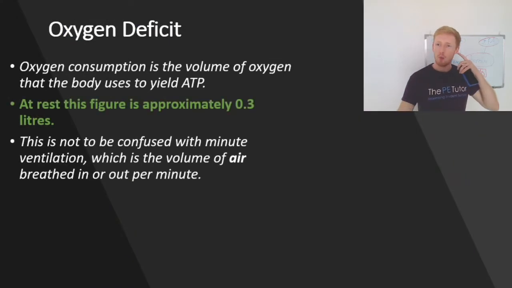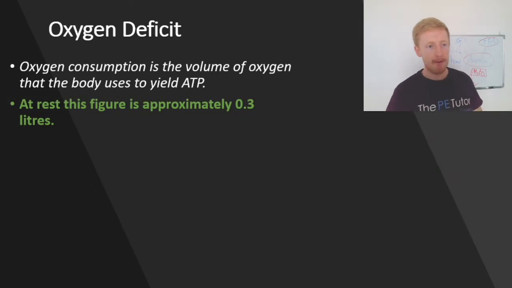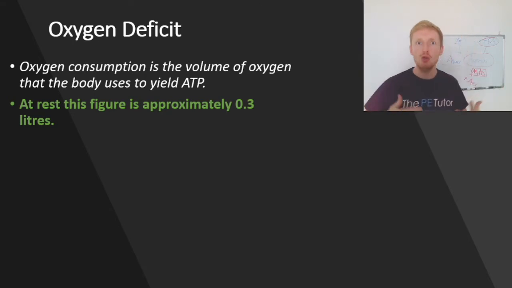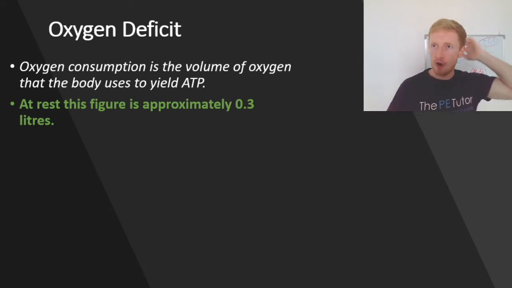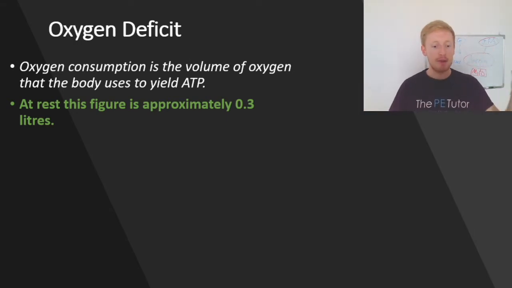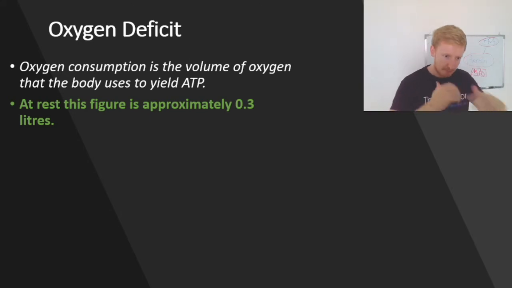So why do we consume it? Well, it's because of this thing called an oxygen deficit. First of all, oxygen consumption is this utilisation of oxygen around the body. You've heard of the phrase VO2, or VO2 max, the thing that people test for with the multi-stage fitness test or sub-maximal forestry step test, things like that.